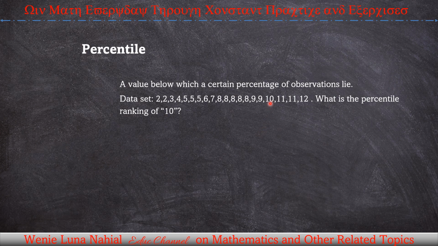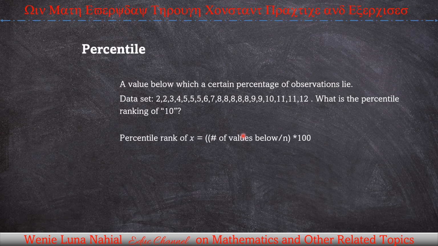So you look at 10 here. Now, count the numbers below 10 so that we can determine the position of 10. 1, 2, 3, 4, 5, 6, 7, 8, 9, 10, 11, 12, 13, 14, 15, 16. So there are 16 numbers below 10.